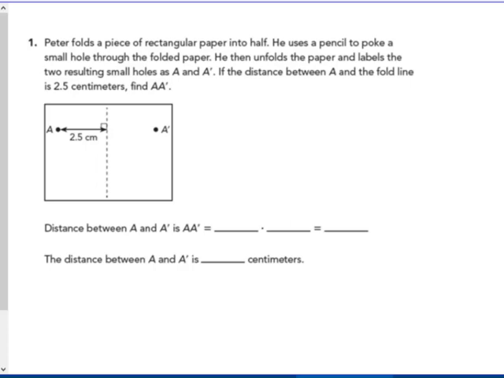Well, the distance between A and A prime is actually 2.5 times 2, which would be 5 centimeters away, because the fold line, if they're 2.5 apart, then this would also be 2.5, right? So 2.5 times 2 gives you 5. The distance between A and A prime then is 5 centimeters.